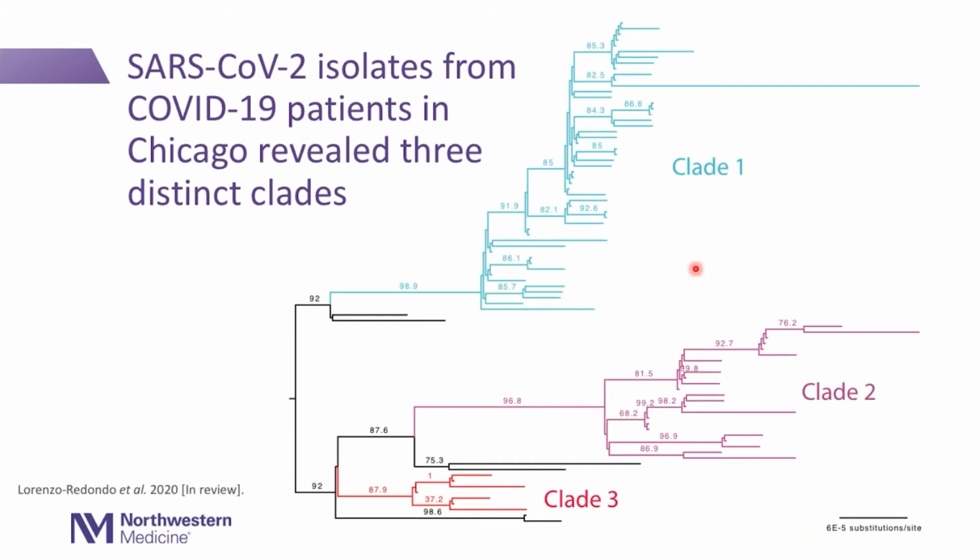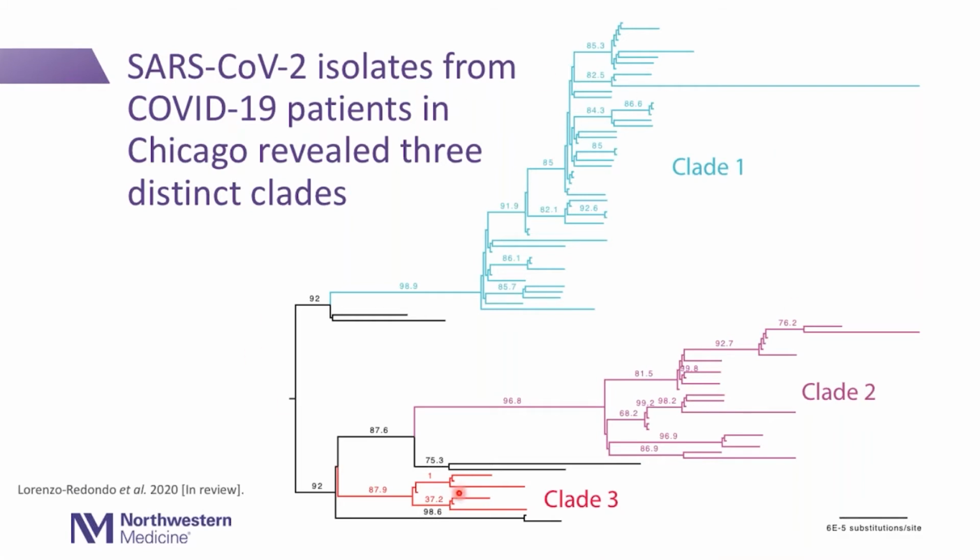So we have clade 1 shown here in blue, clade 2 in purple, and clade 3 in red. For phylogenetic experts out there, clade 1 corresponds to the pangolin labeling schema B.1, clade 2 corresponds to A.3, and clade 3 corresponds to A.1.